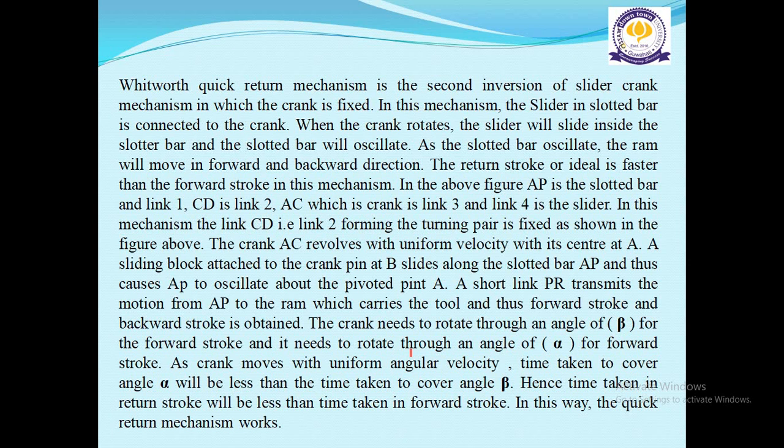As the slotted bar oscillates, the ram will move in forward as well as in backward direction. So the return stroke or idle stroke is faster than the forward stroke in this mechanism. In the above figure, AP is the slotted bar and link 1. CD is link 2. AC, which is crank, is link 3, and link 4 is the slider.